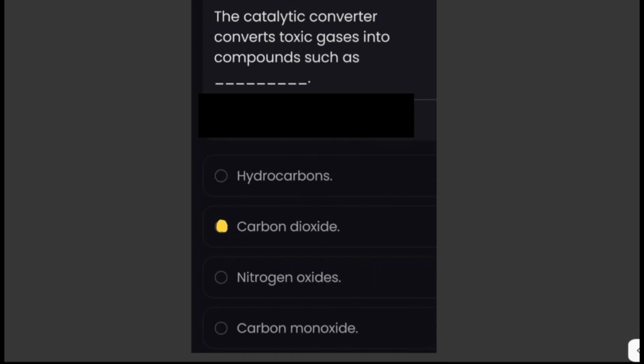They contain catalysts that facilitate chemical reactions to convert harmful gases produced by the engine into less harmful compounds. A catalytic converter helps convert carbon monoxide or CO, hydrocarbons or HC, and nitrogen oxides or NOx into carbon dioxide, water, and nitrogen.